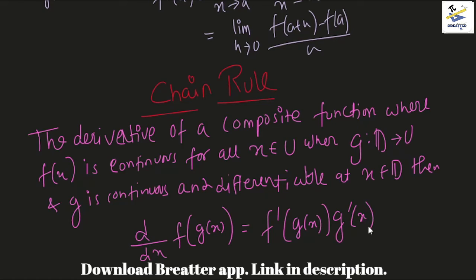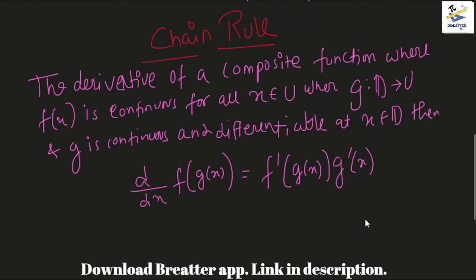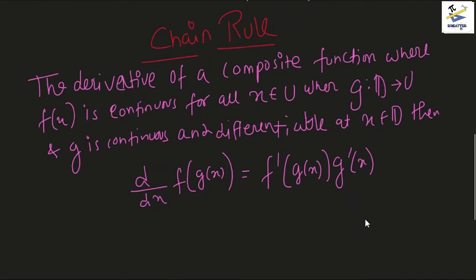So it might look like it's not such a big result, and the definition might be a bit more complex, but the result itself says that, with all the technicalities solved, that f is continuous and differentiable at g of x and g is differentiable, the function f of g(x) can be differentiated by just differentiating f at the point g of x and then differentiating g of x at the point x and multiplying them together.